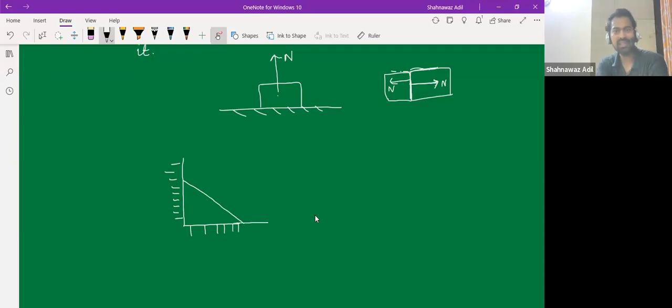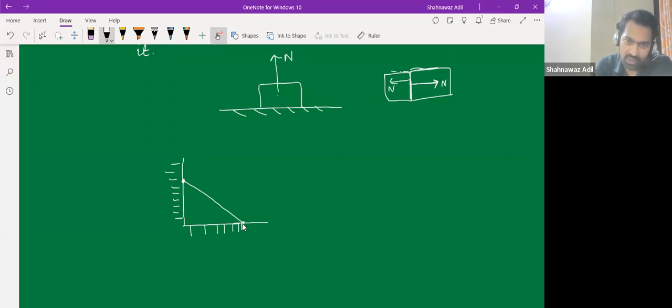At which point is this stair contacting the surface? At these two points, right?